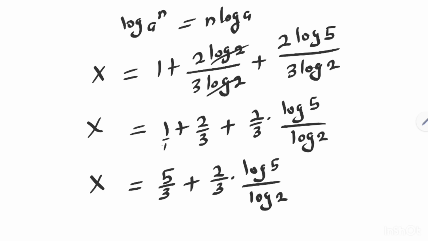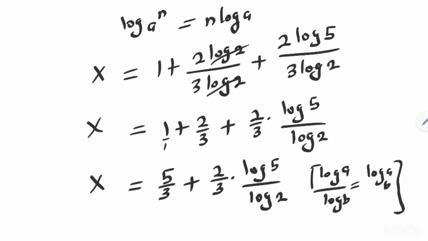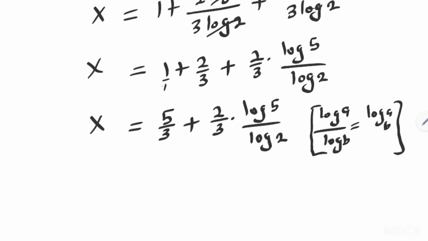Then if you have log A over log B, this is equal to log A base B. x is equal to 5 over 3 plus 2 over 3 log 5 base 2.